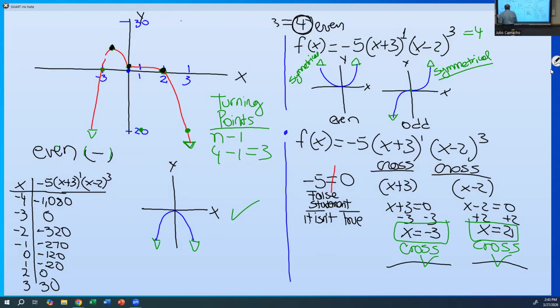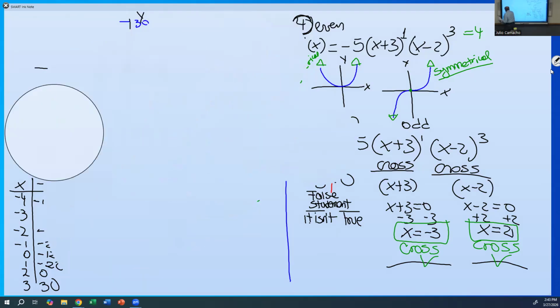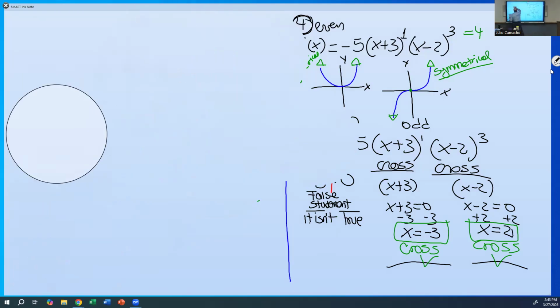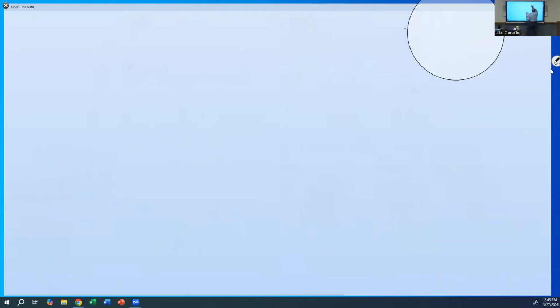Let's go to question number 3. Question number 3 is another polynomial. In question number 3, they give you a polynomial, and you have to factor the polynomial and, after factoring, find the zeros of the polynomial.